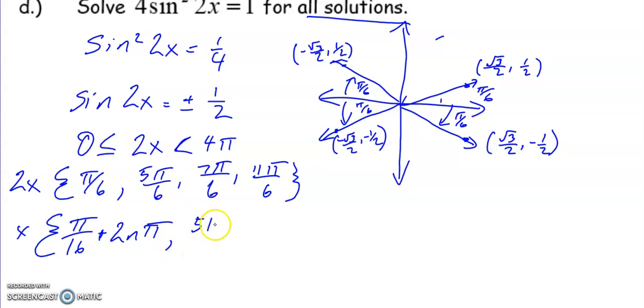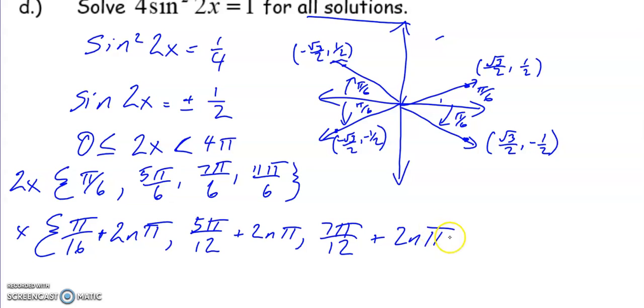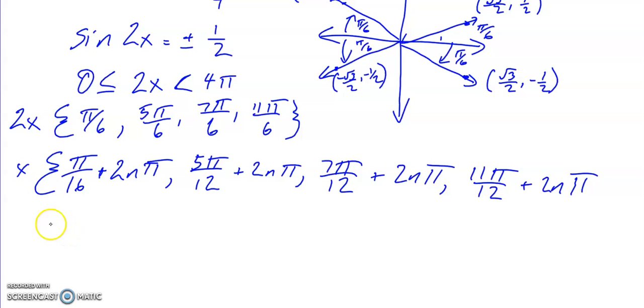And then 5 pi over 12 plus 2n pi, because we're going all the way around the circle. 7 pi over 12 plus 2n pi. 11 pi over 12 plus 2n pi, where n is an integer. And we want to specify that n is an integer because we can go positive or negative rotation.